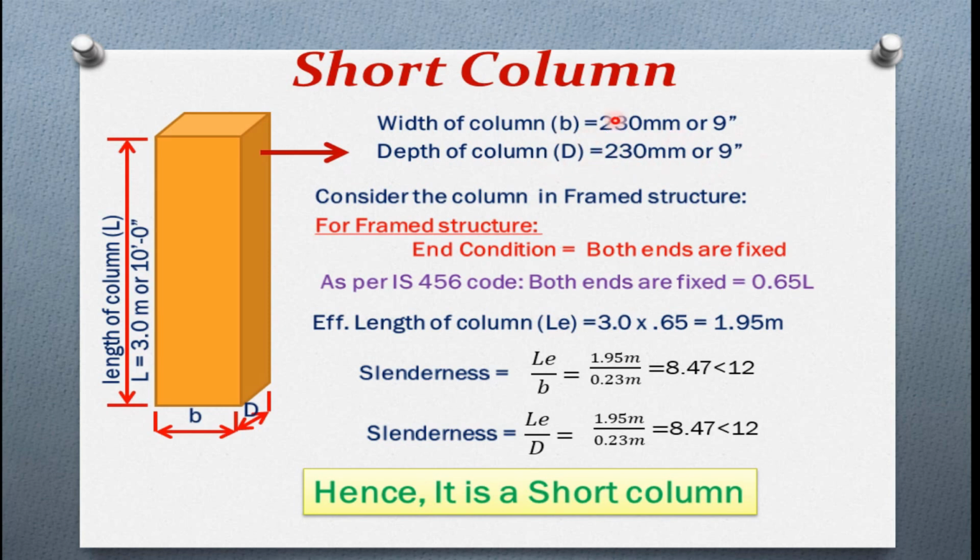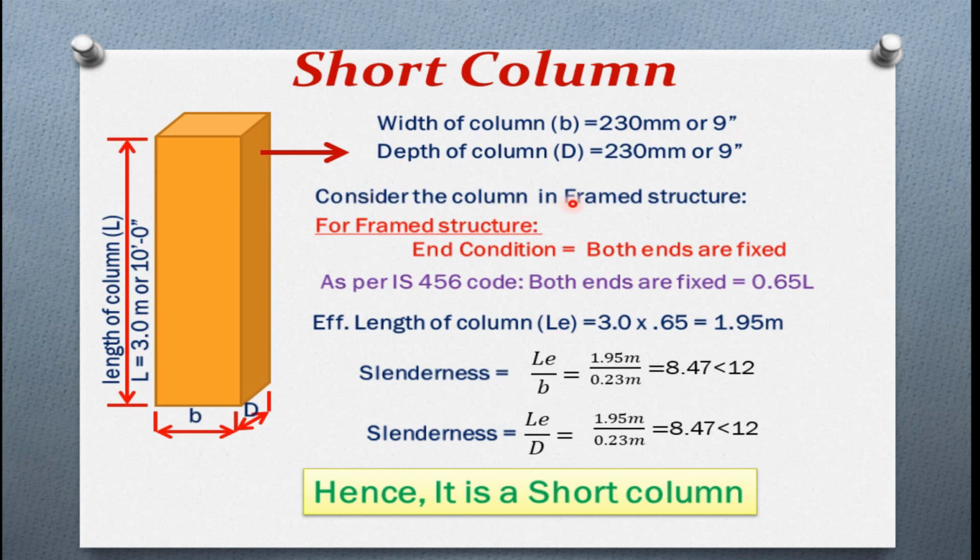I am taking these two as the same value for the example. Mostly in IS 456 or Indian cases, the minimum column width is 9 inches or 230 mm. That is the reason I take the minimum, and the length is around 10 feet or 3 meter.